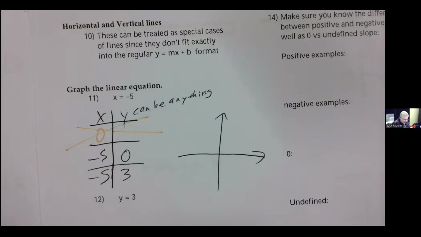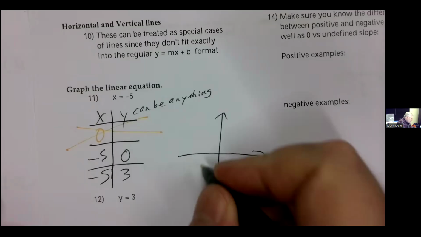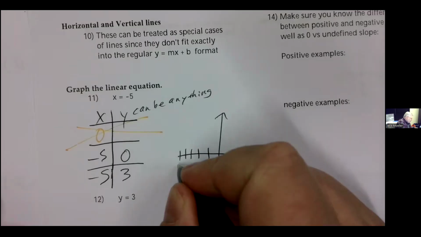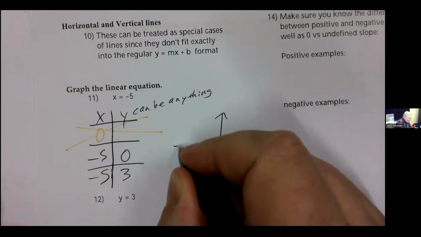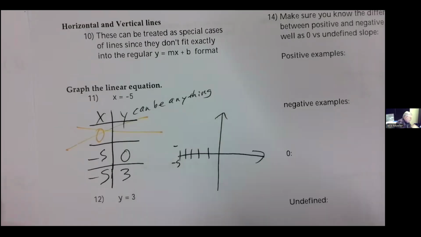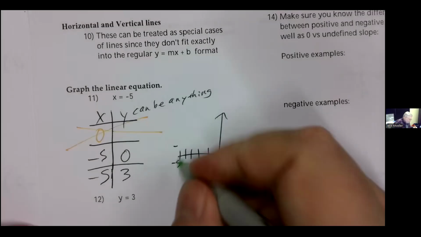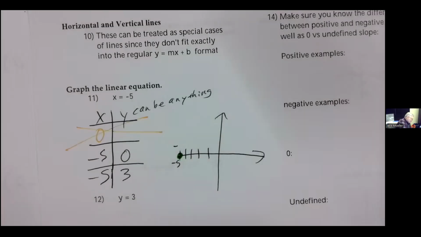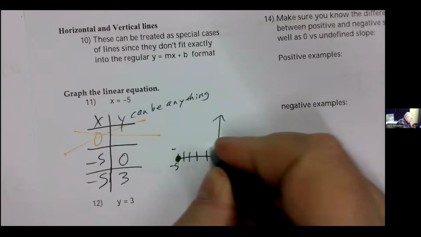What's happening is, if you plot these points, there's our -5. So -5, 0 is right here, and then -5, 3 is up here.